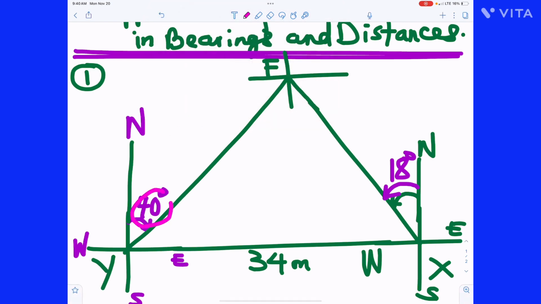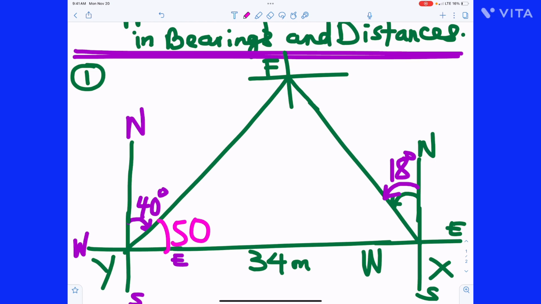If this is 40, this will be 50, because the angle between north and east is 90. Can you see that? The angle between north and east is 90. So if this is 40, this is 50. Take note of that. Also, this is 90. The angle between north and west is also 90.